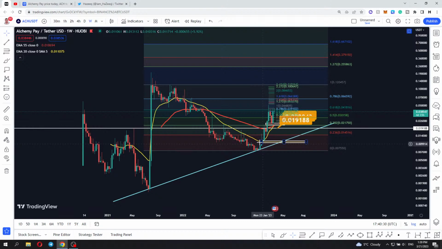Let's see if we can get a chart with more history or more data. KuCoin, Singularity. Let's do KuCoin. Actually, we already have that up. There we go.